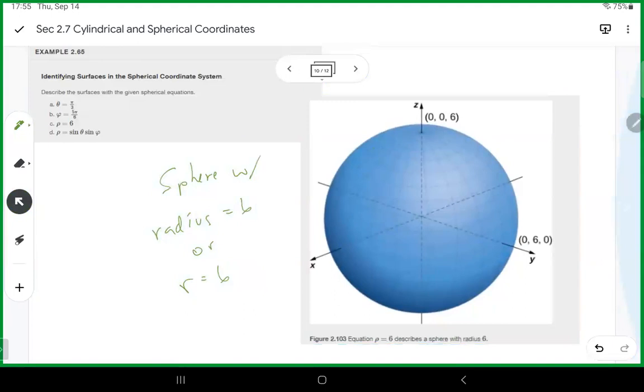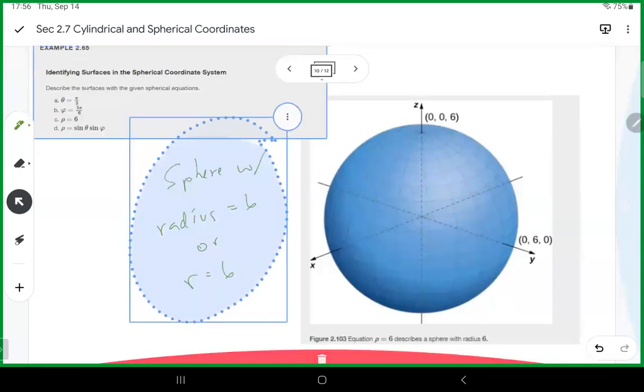There you go. Oh, I don't think I had a picture for D. That's why I had all this room. That makes more sense. Wondered why it was all here like that.